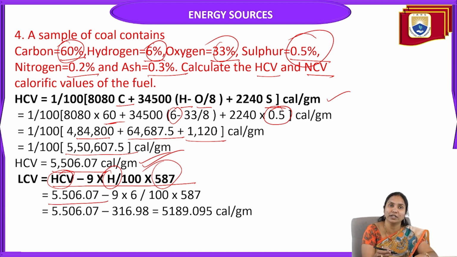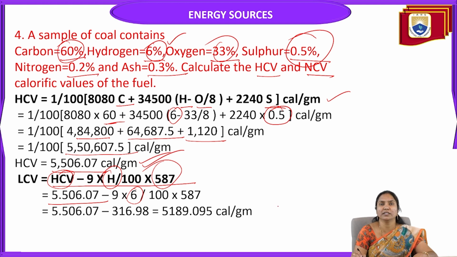So we can substitute it. The high calorific value of the fuel in this formula is 5,506.07 minus 9 into, here 6 is the percentage of hydrogen present in the fuel, 6 by 100 into the latent heat 587.